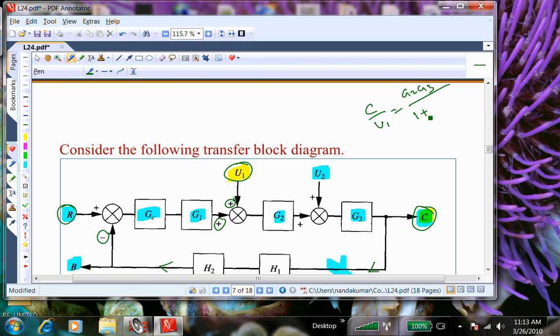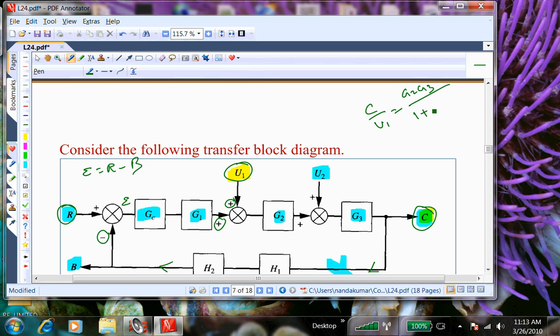The sign here is determined by the feedback, the negative feedback, because here you have epsilon, and that epsilon is going to be equal to R minus whatever comes here, that is B in this case. If this were positive, then you will get a negative sign here.